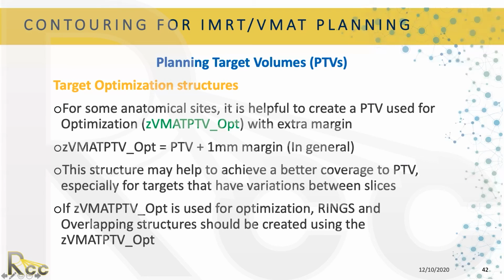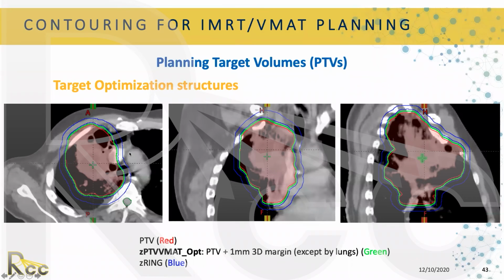And then if you create this ZVMAT PTV opt, which has a 1 millimeter margin, make sure that when you create the rings, where we're going to go in a second how to create them, they go from this extract, not from the VMAT PTV. And I have an example, and normally we'll do this for lung cases.